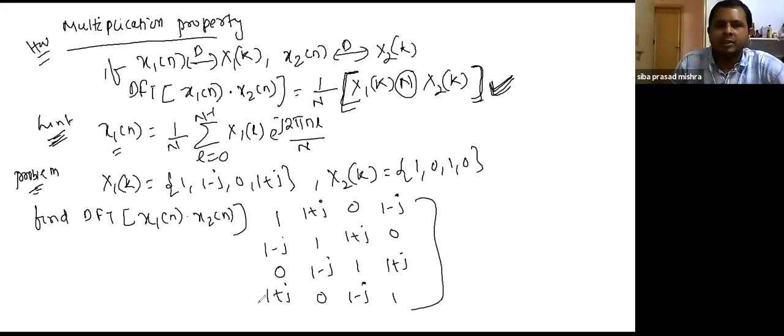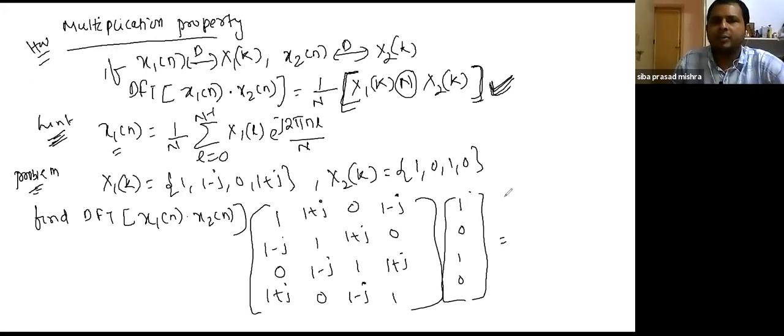This is the matrix used for circular convolution, and X2[k] is as usual 1, 0, 1, 0. Simply do the matrix multiplication. Add the first and third: 1 plus 0 is 1, 1 minus j plus 1 plus j is 2, 0 plus 1 is 1, again 1 plus j plus 1 minus j is 2.